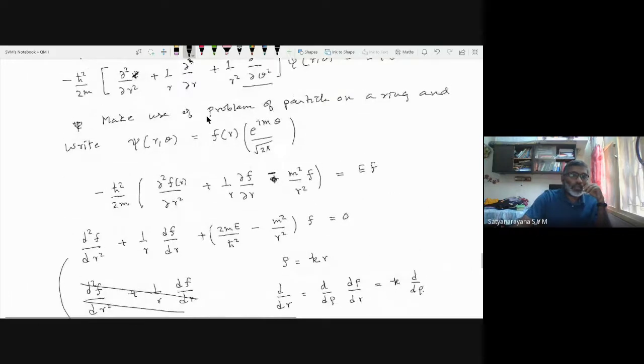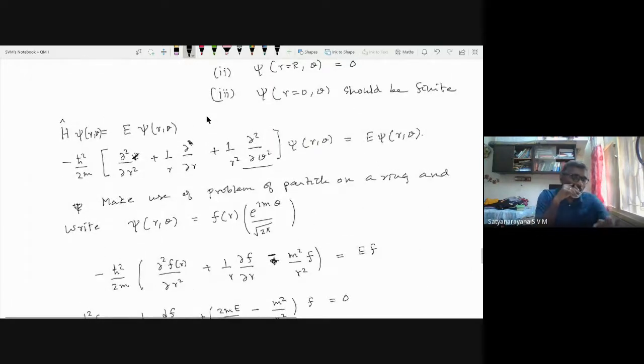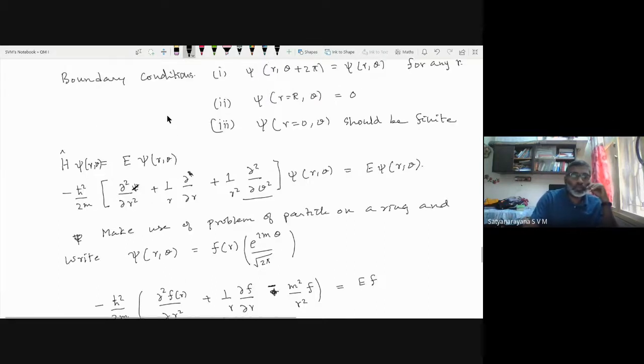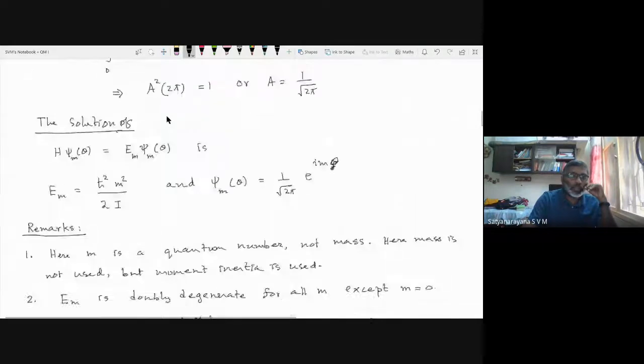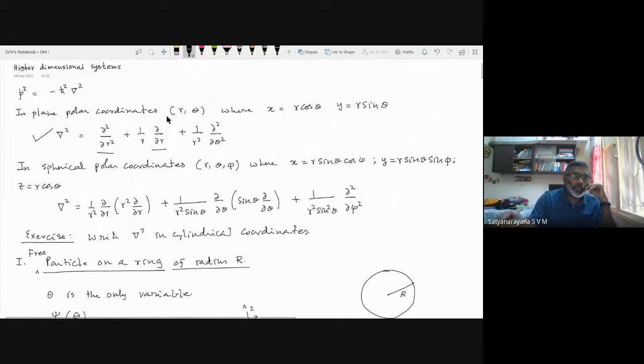So now we have done two problems in plane polar coordinates, and there is nothing more I can do with respect to this del square.